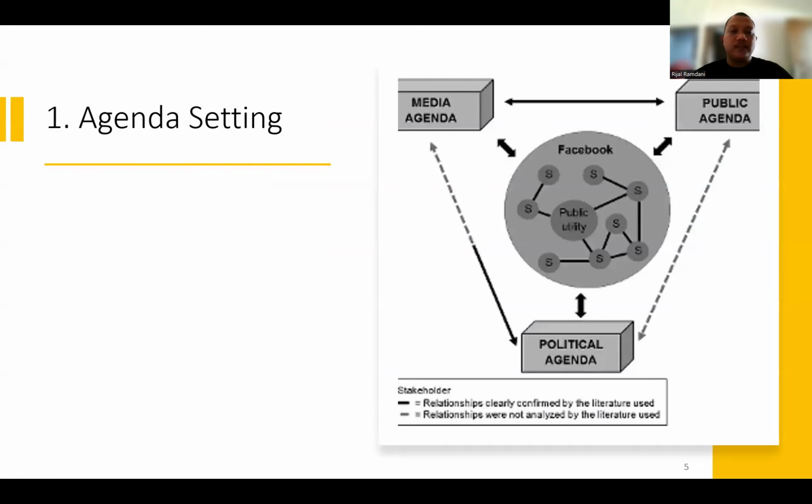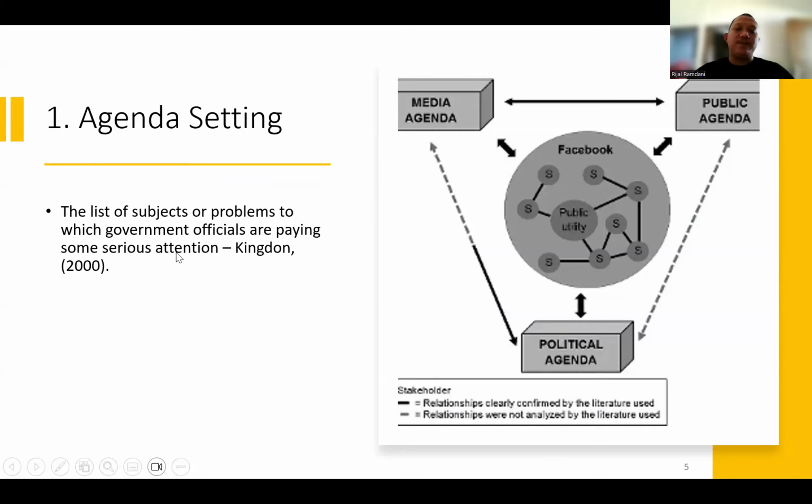Okay. So yeah, and here you are, the agenda setting. The agenda setting is the list of subjects or problems to which government officials are paying some serious attention. Okay, for example, we are facing now many problems that exist within the society. For example, waste problem, bullying problem. Russia, you mentioned bullying.